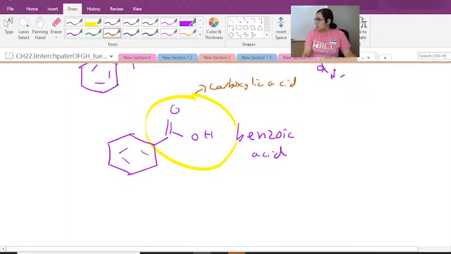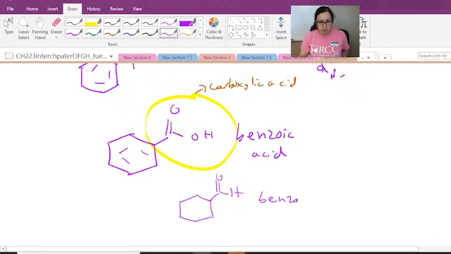And remember, this is the acidic proton that pops off. And then not to be confused with benzaldehyde. And so benzaldehyde just has the aldehyde group, and so that's just that CO with a H there. So no OH.